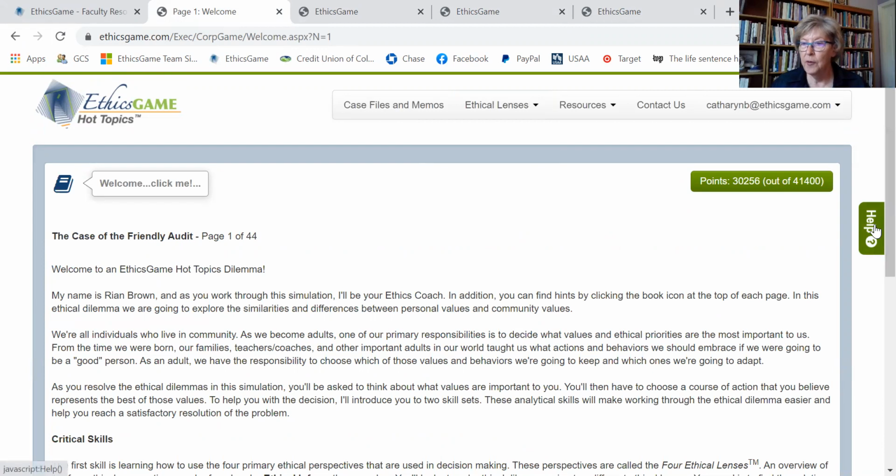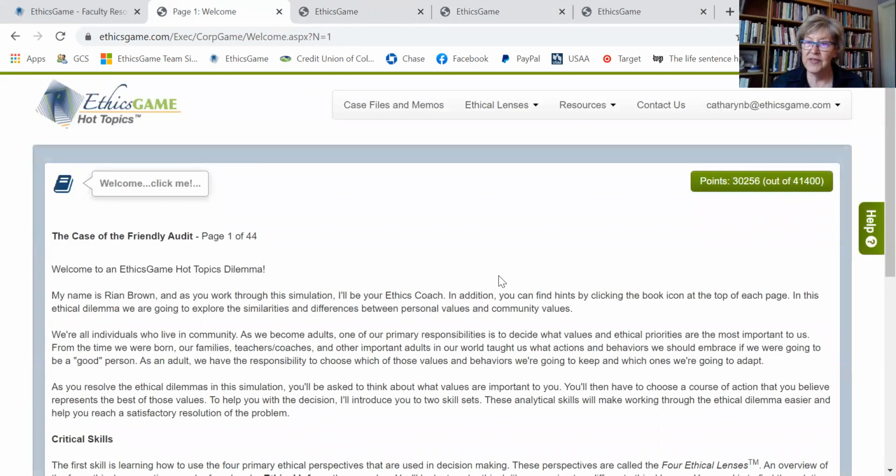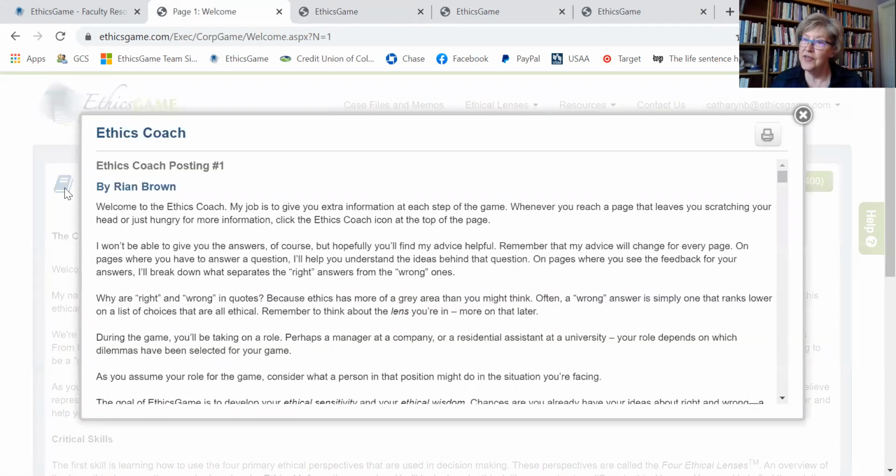Over here, we have a help button, which is going to give you information about the technical side of this particular problem. On each page, you will have a help button. So if you get stuck, you'll be able to ask the technical questions, not the theory questions. Over on this side, we see a little icon with a book that says, click me. This is where you get information for the content.